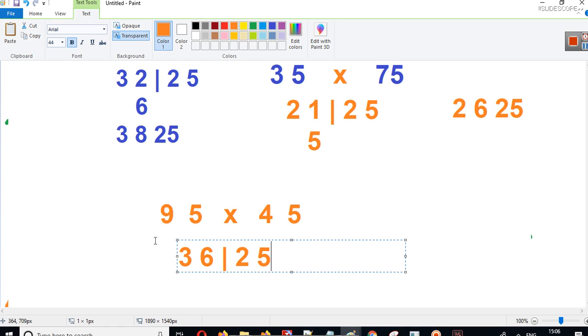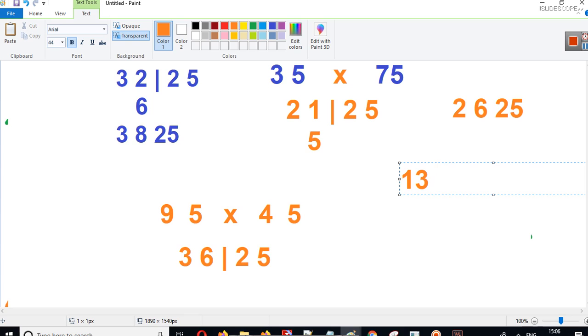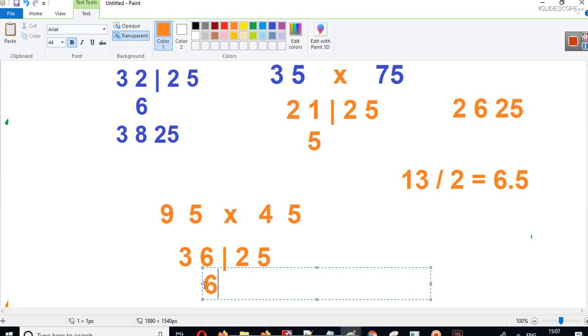Now what is the average of 9 and 4? 9 plus 4 is 13, 13 by 2. I am just writing here, you don't have to write this. 13 by 2 is equal to 6.5, so we can ignore this point here. So write 6 and 5 here.